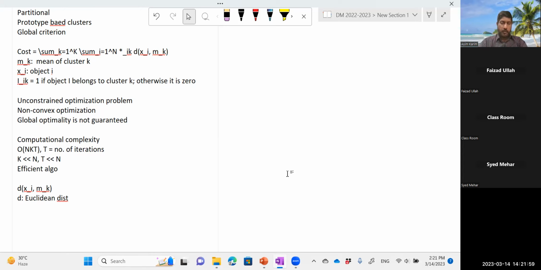So we said that k-means clustering is prototype based, right? The clusters that are formed are prototype based. So we sometimes say that it only finds spherical clusters.